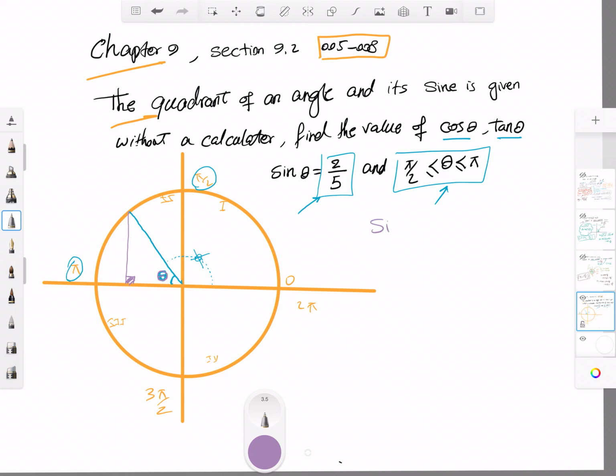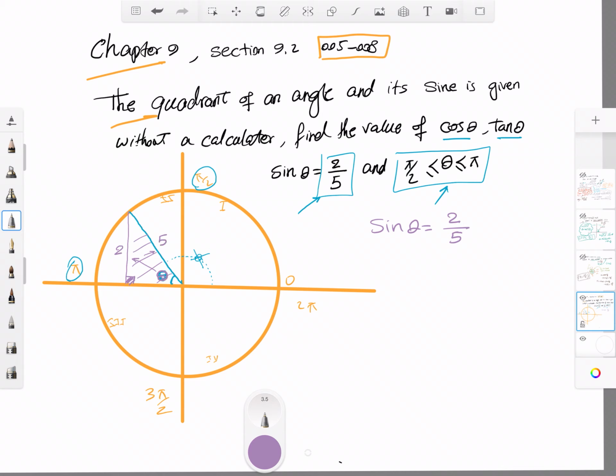We have sine of theta equal to 2 over 5. That means, on the right triangle, sine of theta is opposite over hypotenuse. So this is 2 and this is 5.